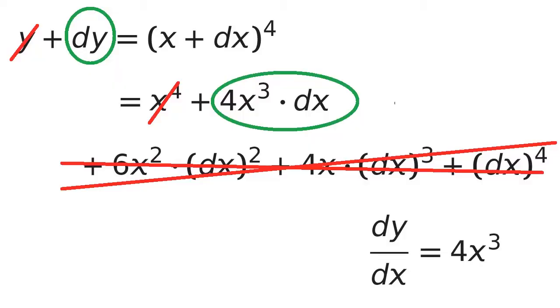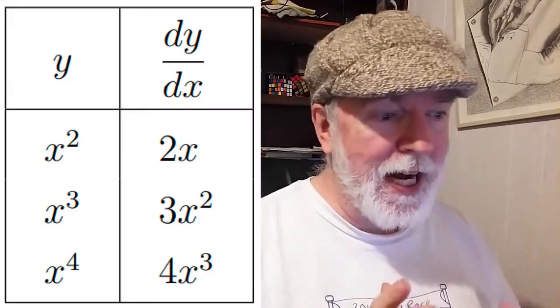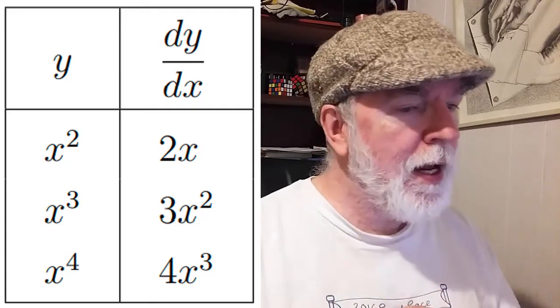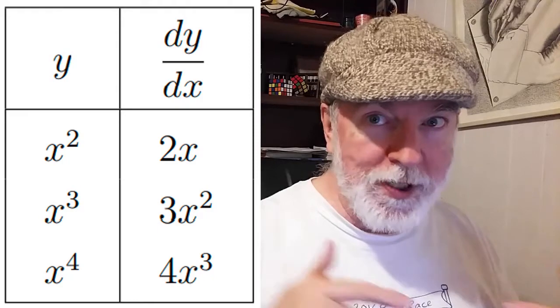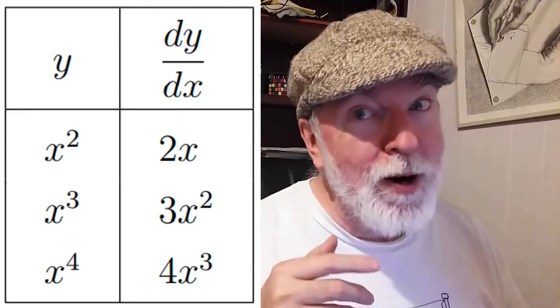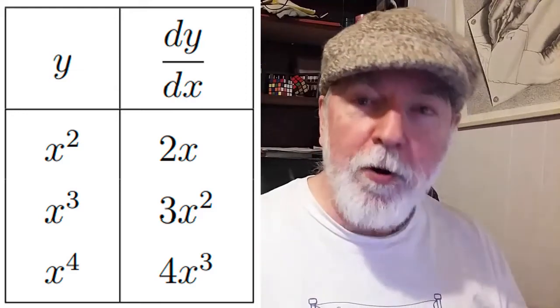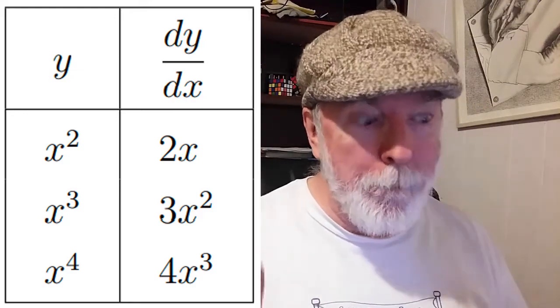Okay, so here's the results of our little experimentation in this lovely table. When y is x squared, then dy by dx is 2x. When y was x cubed, dy by dx was 3x squared. And when y was x to the fourth, dy by dx was 4x cubed.